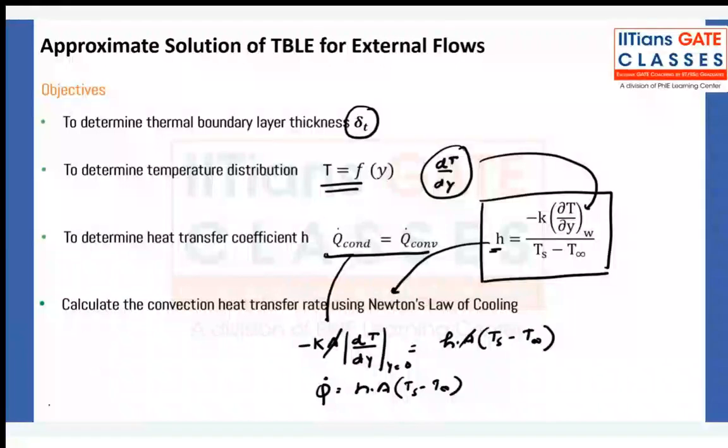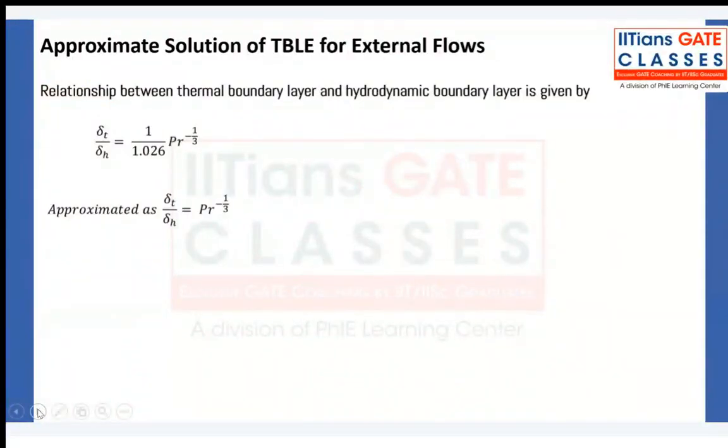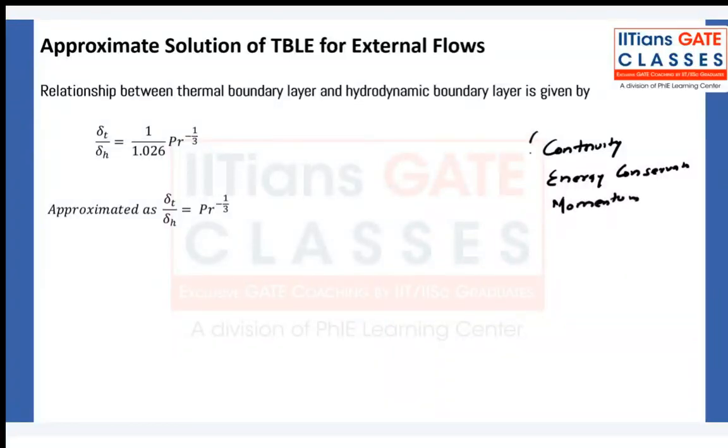Now again here, what are we going to solve? We are going to solve our continuity equation like Blasius did, continuity equation and energy conservation, and basically momentum. All three we need to solve here. And Prandtl actually gave one relationship between hydrodynamic boundary layer thickness and thermal boundary layer thickness.